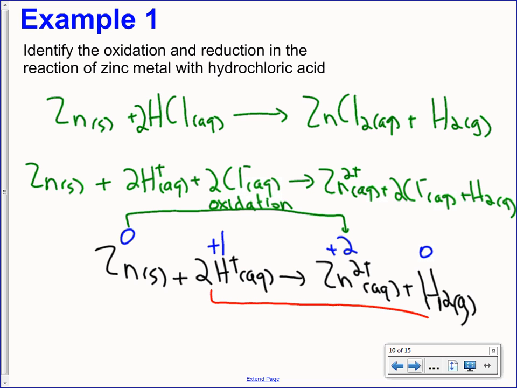With hydrogen, we are going from an oxidation number of +1 to 0, so that oxidation number is decreasing, which means it is gaining electrons, and since it's gaining electrons, we can classify it as undergoing a reduction reaction. And so now we've identified the oxidation and reduction in the reaction.